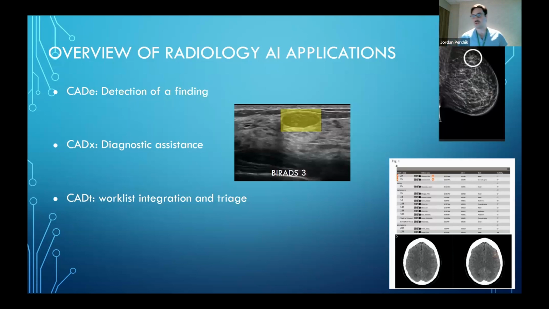So when we think about CAD, this can be further divided into computer-aided detection, computer-aided diagnosis, and computer-aided triage. So a detection tool is going to assist the radiologist in detecting a finding. A computer-aided diagnosis is going to detect the finding and also provide an assisted diagnosis category.